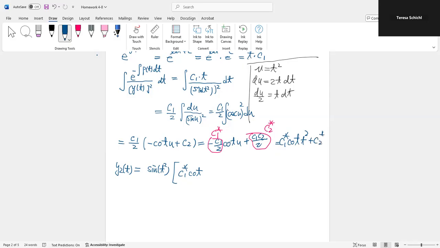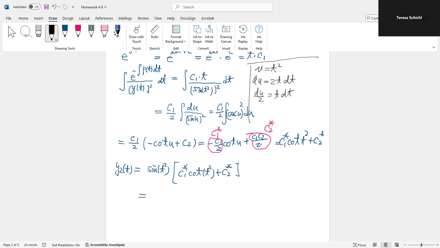So c1 star cotangent t squared plus c2 star here. Now I know the cotangent, right?